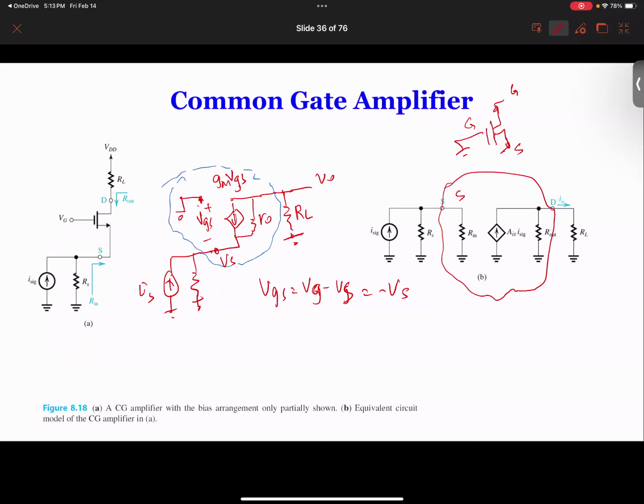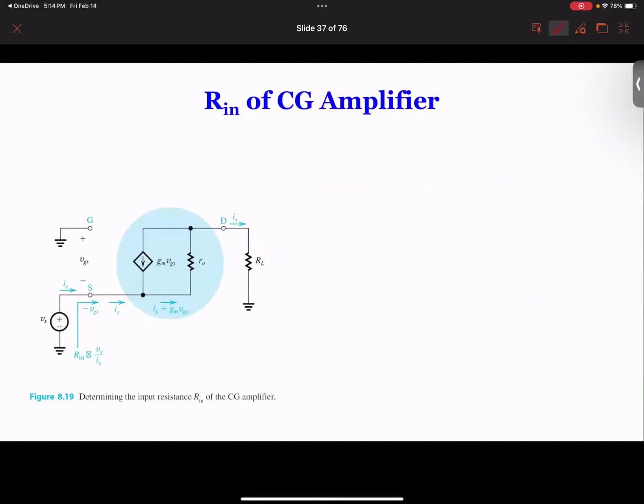What we're looking for eventually is the current gain A. When we look at the current gain, we can open the output, so there's no output current, and then we apply a current over here and see how much resistance we get, therefore we can get the input resistance. So this is where this circuit is coming from. When we look at the input resistance, we didn't consider RS, so we basically took that part off.